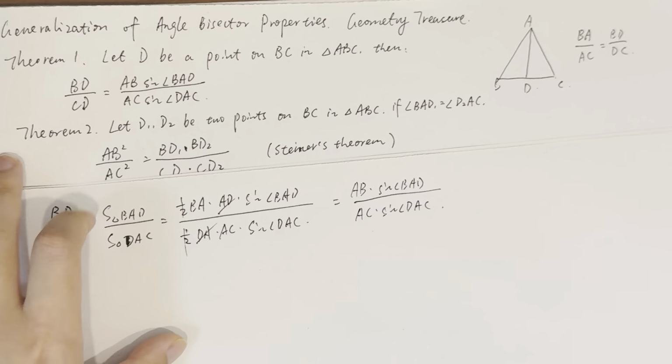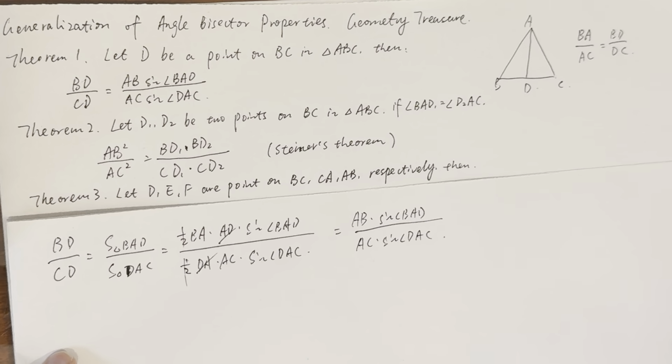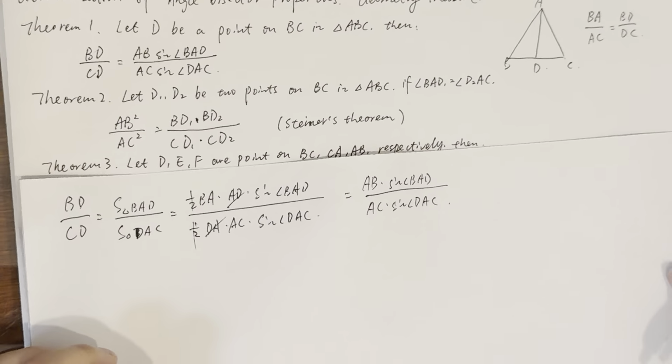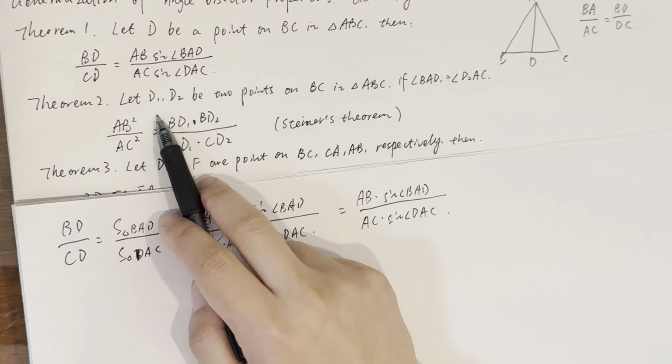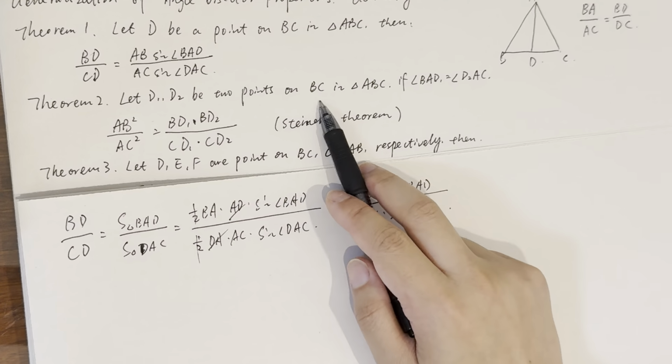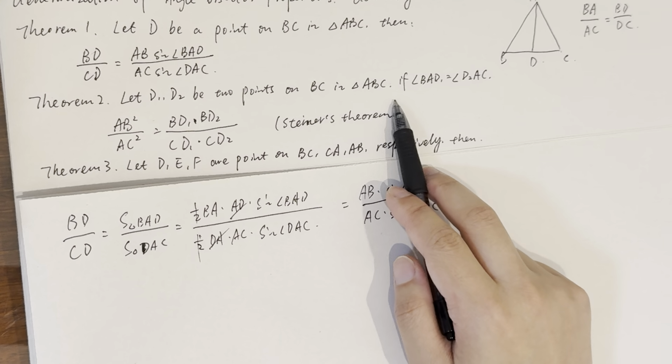Exactly the same. And the second theorem, the generalization of the angle bisector, would be: we find two points, D1 and D2, on BC in triangle ABC.